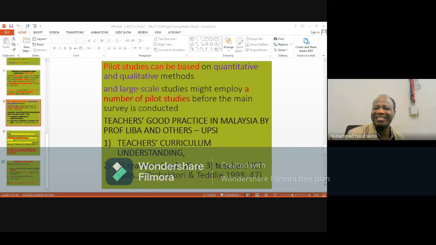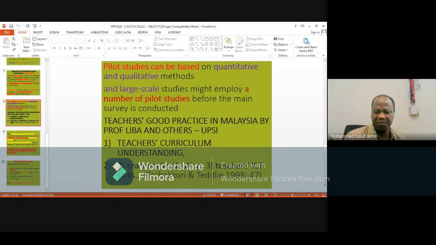But the question is, what did you improve? Show it to us so that you show you understand how to do research. You get the point? So this is the importance of this one aspect of the pilot study.